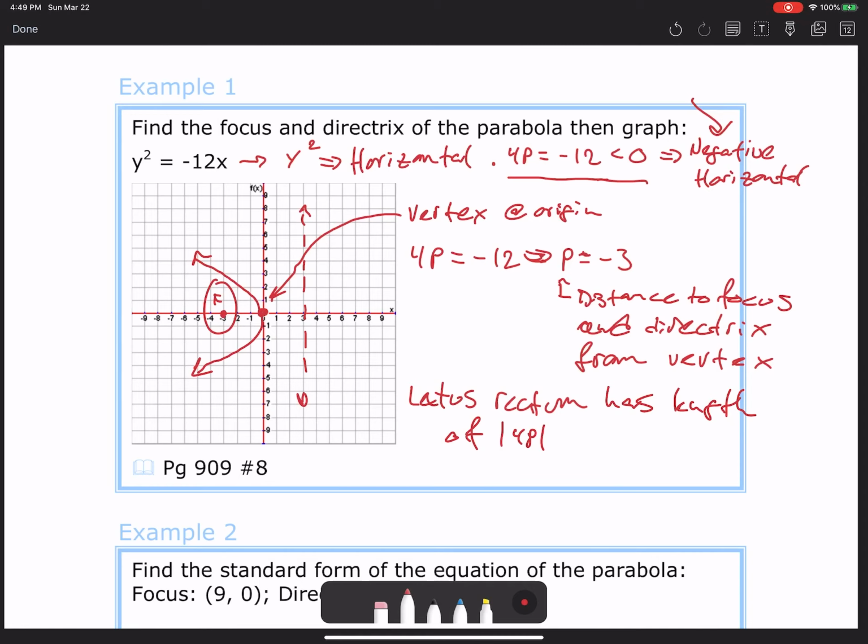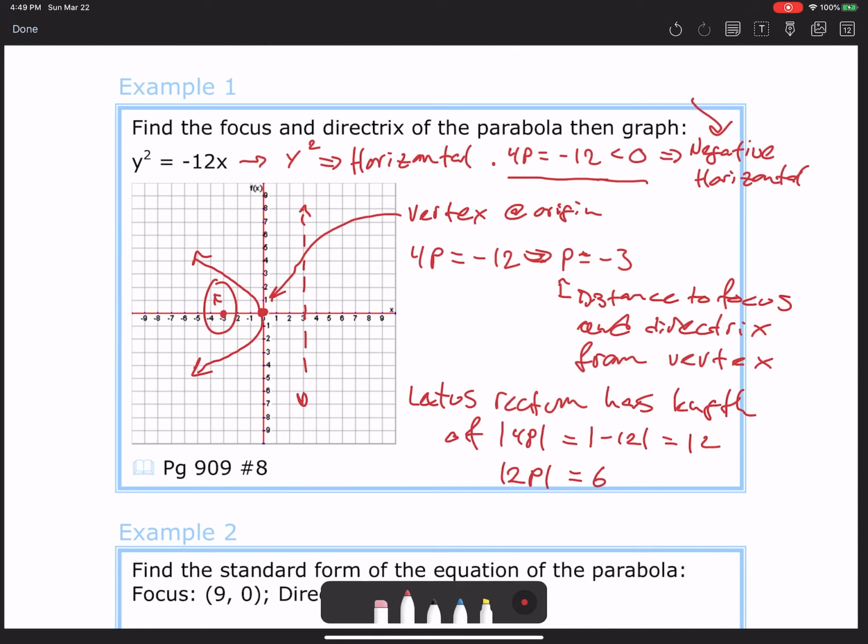I'm using the absolute value here just to remind us of the fact that we're going to refer to the latus rectum as having a length that's positive. In this case, that's the absolute value of negative 12, which is equal to 12, which means that the absolute value of 2p is equal to 6. Why am I saying that?